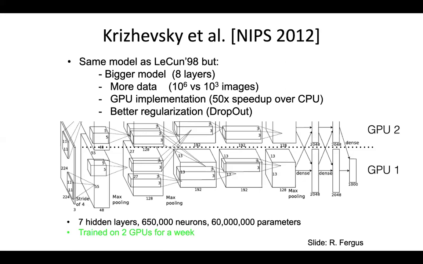At that time, graphics processing units were becoming available, and they used 2 GPUs in parallel to do the computations. This gave a 50 times speedup on GPU compared to running this on the CPU.